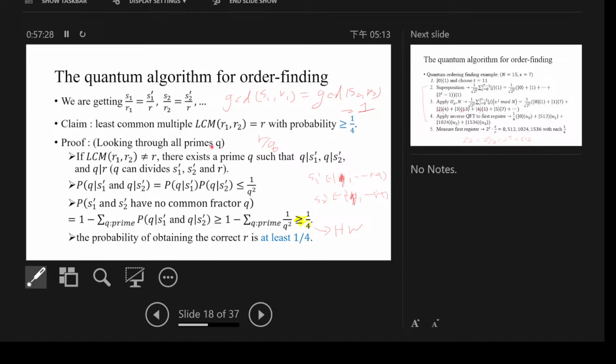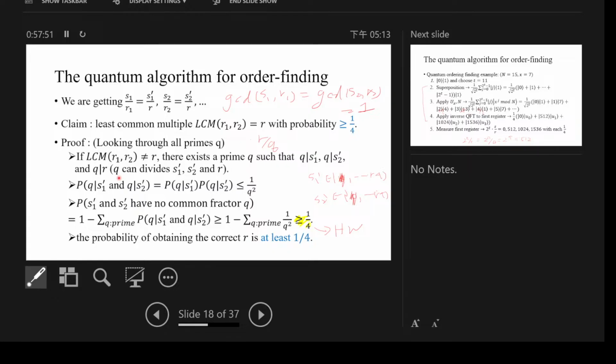Actually, you only need 2 of them. You can get many of them, and it will give even better probability. But if you just get 2 of them, you will get the correct one with probability at least 1 over 4. That's just what we want. We want a constant success probability, then we can do our factoring algorithm.